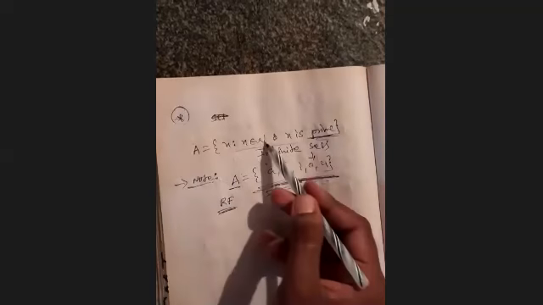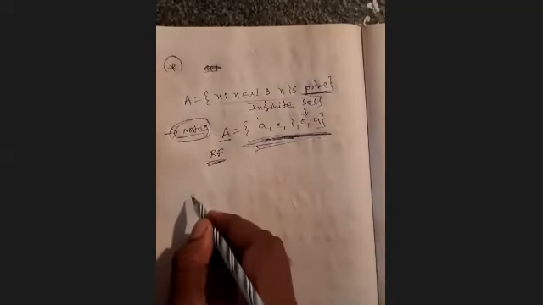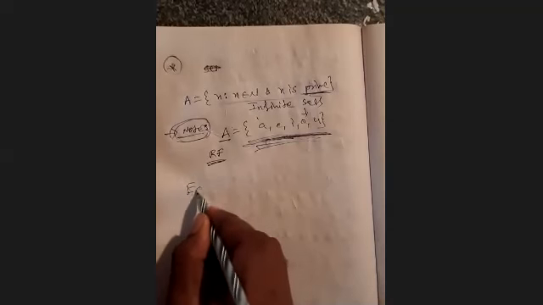Infinite sets can't be written in roster form; we can write infinite sets in set builder form. That is also one important note. And the last topic for this class is equal sets.